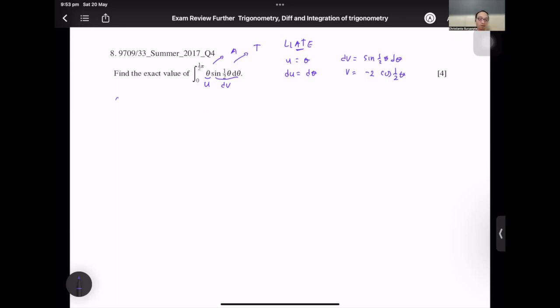Okay, we can put into the formula. Integral theta sine half theta d theta is equal to uv minus integral v du.